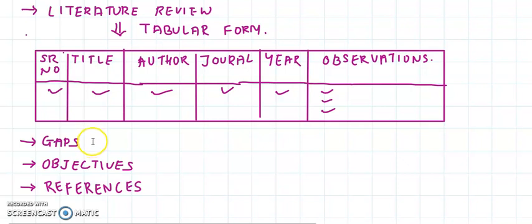Whatever research papers you have, mostly research papers mention what their limitations or drawbacks are. So you can identify those gaps and mention them in your literature. Next are the objectives. Also, one more thing: it is very understood that by studying for the very first time you will not be able to understand the entire paper.